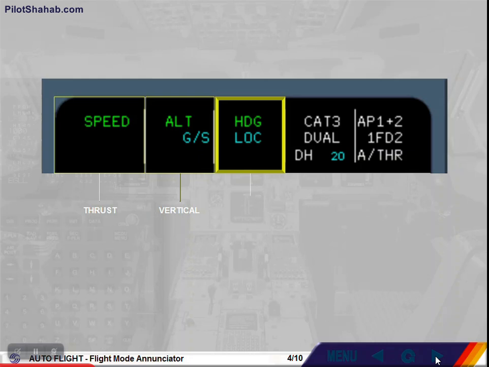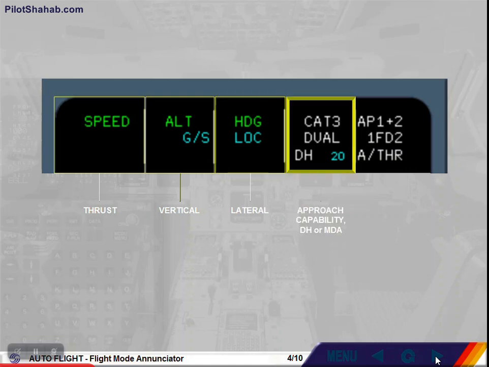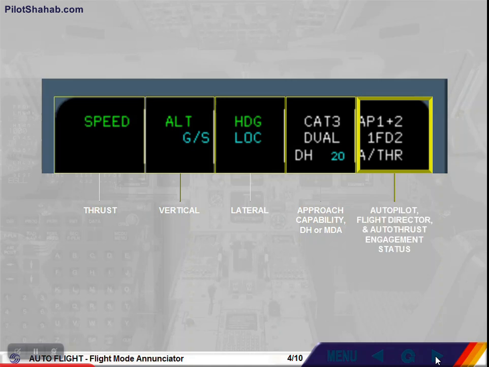The third one displays the lateral modes of the autopilots and flight directors. The fourth one gives the approach capability of the autoflight system and the DH or MDA. The last column displays the engagement status of the autopilots, flight directors and autothrust systems.